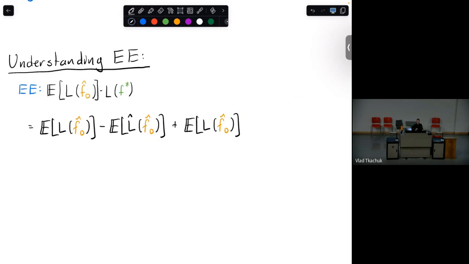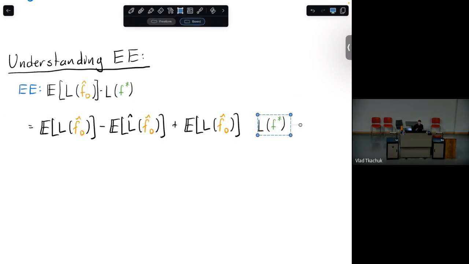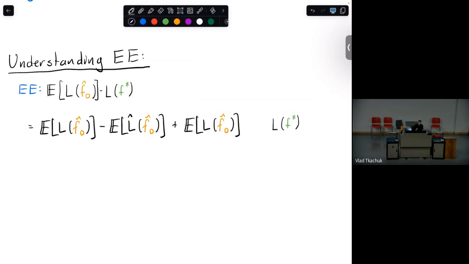And now we're going to add and subtract one more thing. Okay, so then we have this term here. We could just leave it, but we're going to add and subtract one more thing. We'll keep this term, but the thing we're going to add and subtract is not L of f star. We're going to add and subtract L hat of f star.